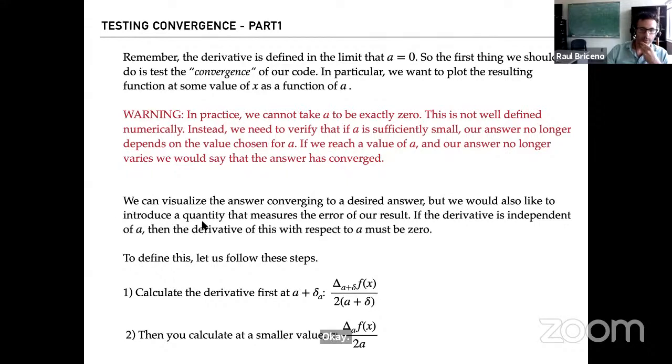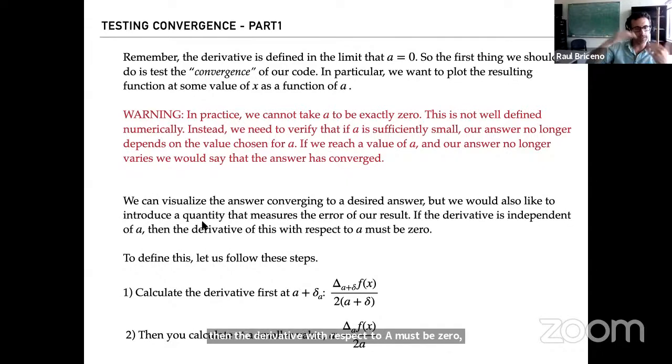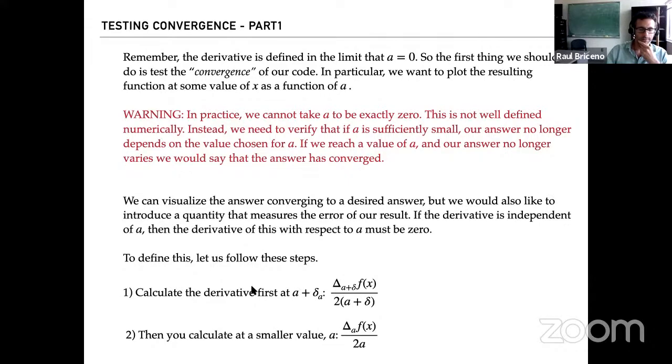The way that we can do this is that if the result is independent of a, then the derivative with respect to a must be 0. If we reach a point where it doesn't depend which choice of a I take, then its derivative with respect to a should be 0. So we follow these steps. We calculate first the derivative at a, and then evaluate at some value a plus delta a, so some non-zero delta a.